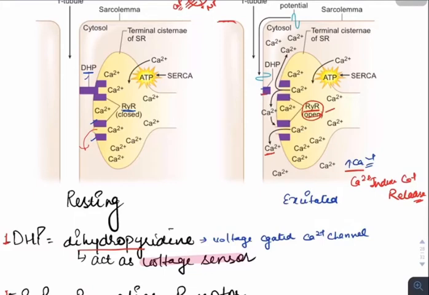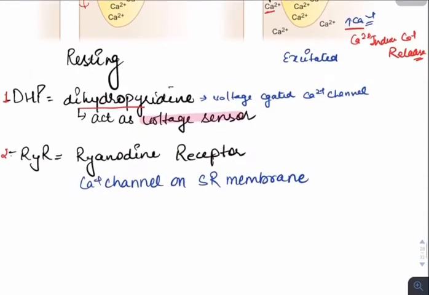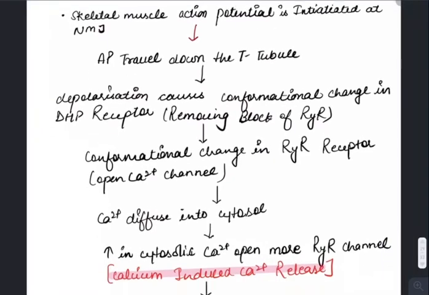Calcium is pumped back into the sarcoplasmic reticulum by the sarcoplasmic endoplasmic reticulum calcium ATPase. Through this pump, calcium is pumped back, and the decrease in cytosolic calcium causes tropomyosin to once again cover the actin binding site for myosin, and the muscle relaxes.